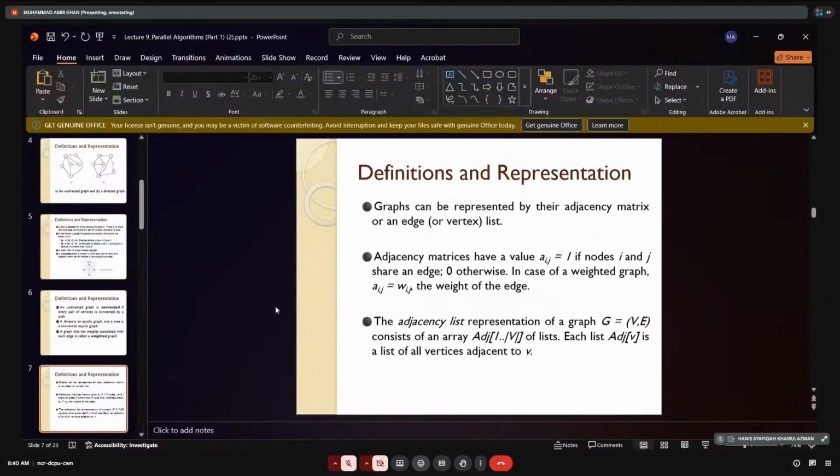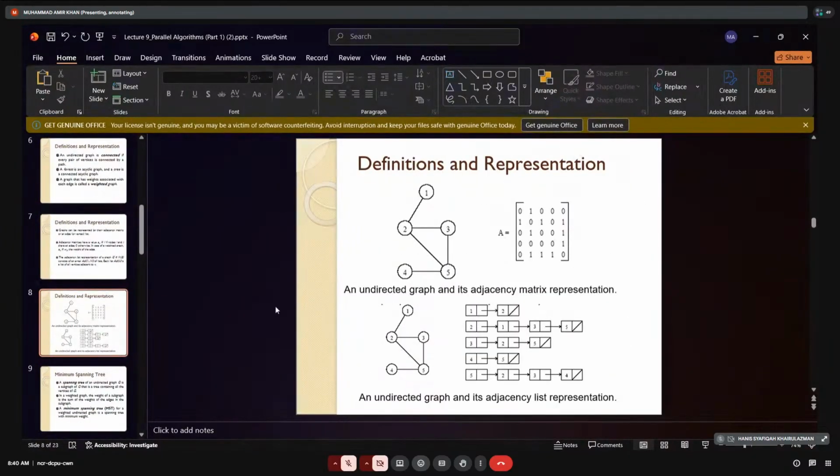And this is basically the example of an undirected graph with its adjacency matrix and an undirected graph and its adjacency list representation. Very, very simple. Understand? Yes. Okay, I'm going further.